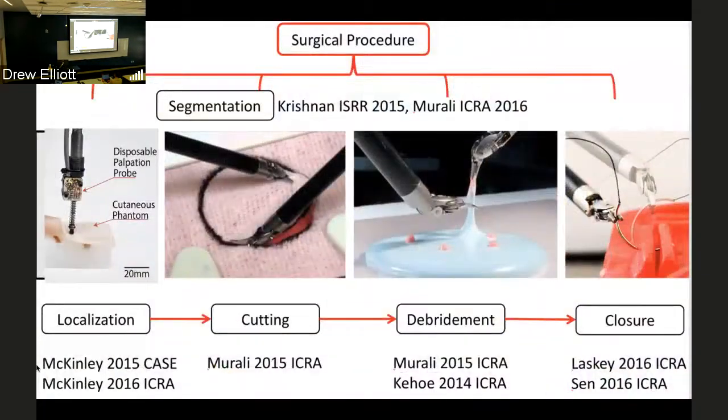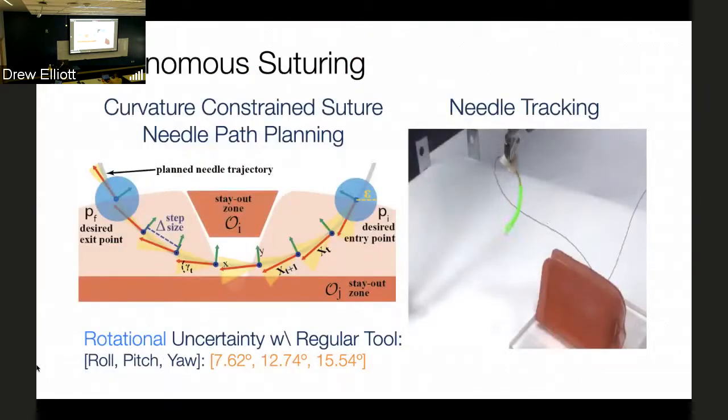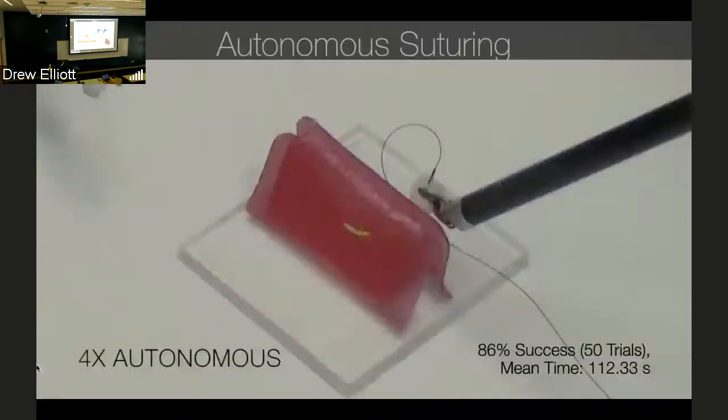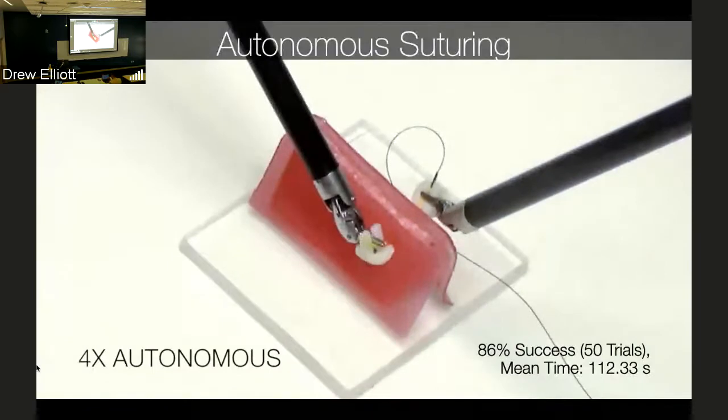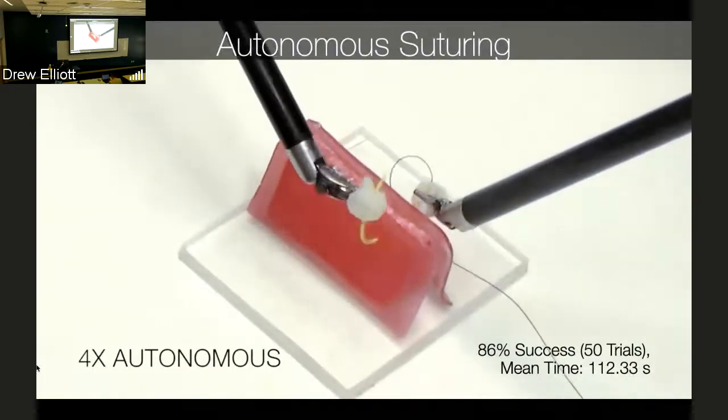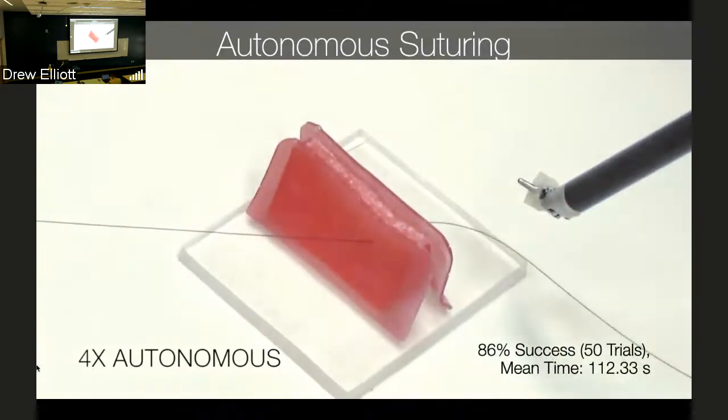This is building on what we've been working on with the dVRK for many years now, and we worked on needles. The system uses robust point-set registration. Sorry, I skipped that, but basically the idea is that we've tried to track needles to perform some suturing, and if you watch carefully, the needle has been painted with yellow paint to make it visible to the camera.